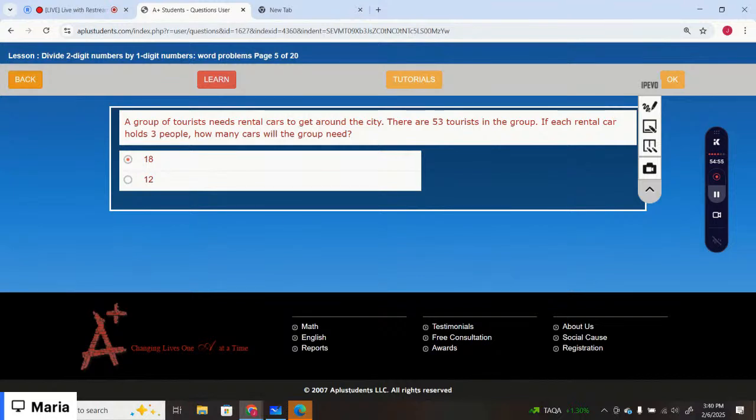Okay, you can complete the lesson by yourself here today. So we were working on grade 4 math. The chapter we're working on is division.